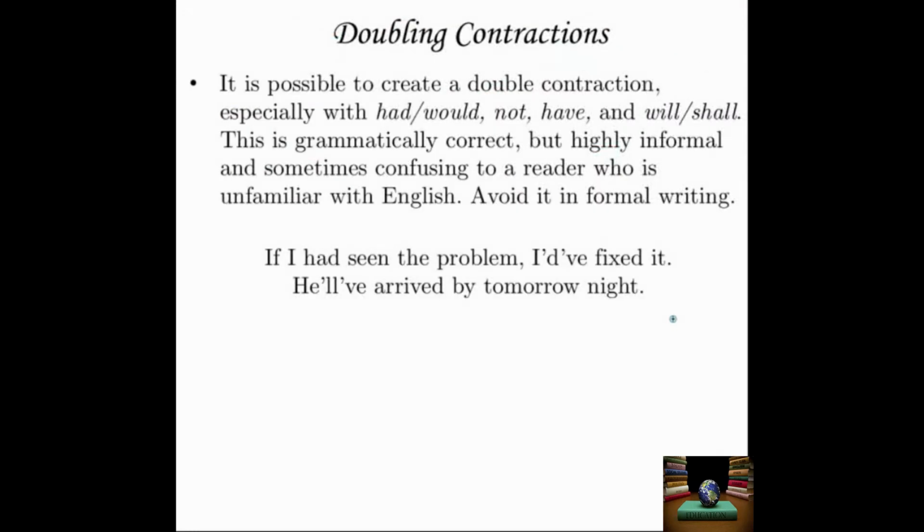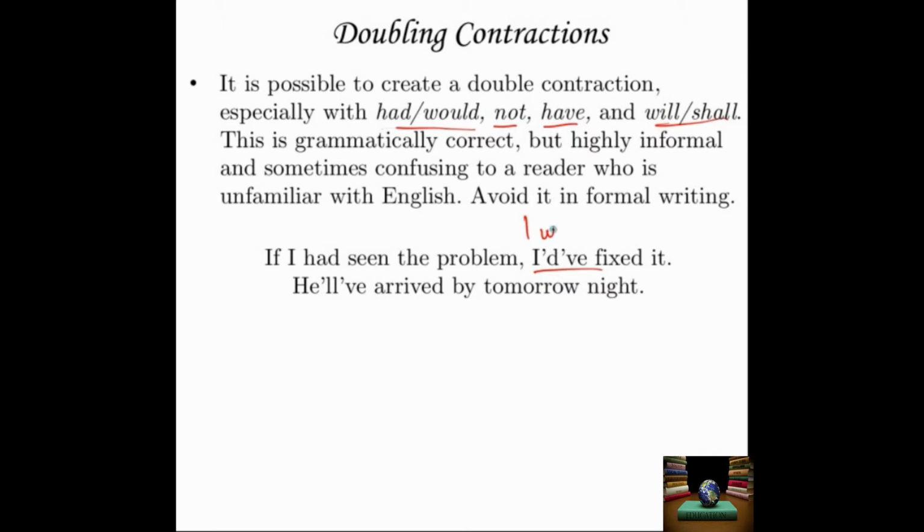All right, doubling contractions. It is possible to create a double contraction, especially with had and would, not, have, and will, shall. This is grammatically correct, but it is highly informal and sometimes confusing to a reader who is unfamiliar with English. Avoid it in formal writing. So, if I had seen the problem, I'd have fixed it.